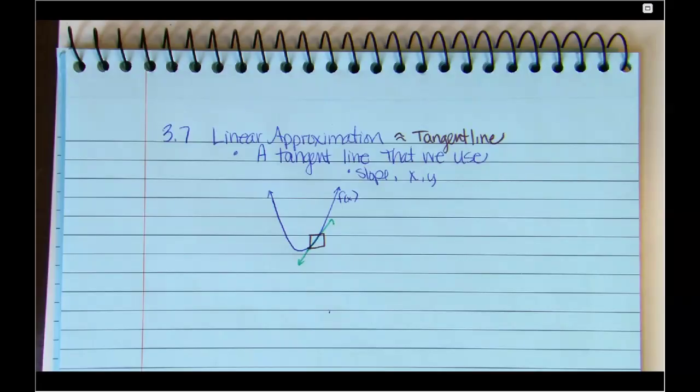I think there are probably a lot of real life applications where you would know its rate of change and something about it, but you don't have a function for it. So you wouldn't be able to estimate, but you could make a tangent line and do some approximations. Okay, so I have these written out for you, so you don't have to write them.